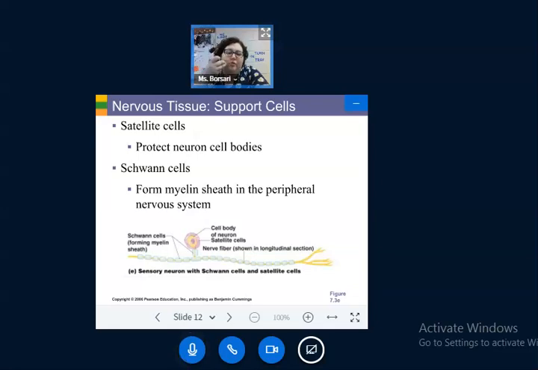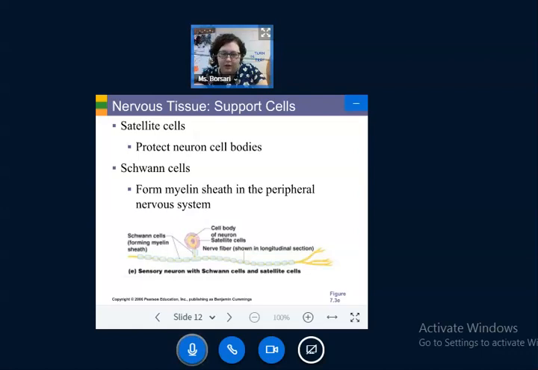All right, so we left off last class talking about all the different support cells in our nervous system. We had talked about Schwann cells that form protective coverings around our nerve fibers. These ones are specifically in the peripheral nervous system.